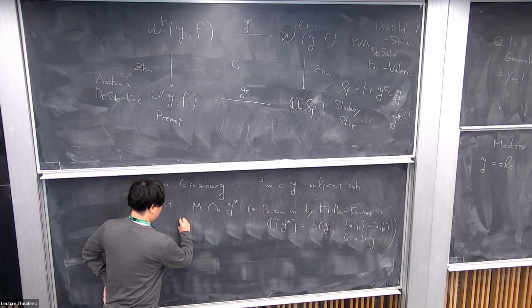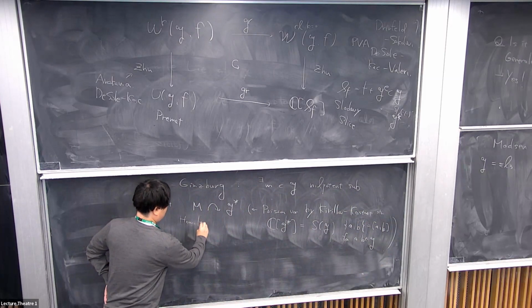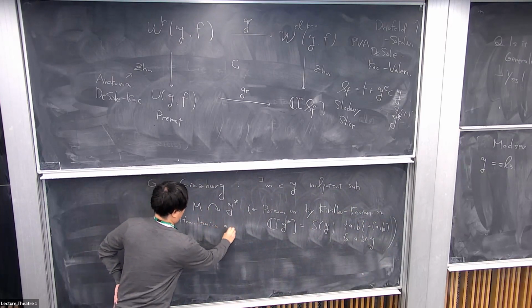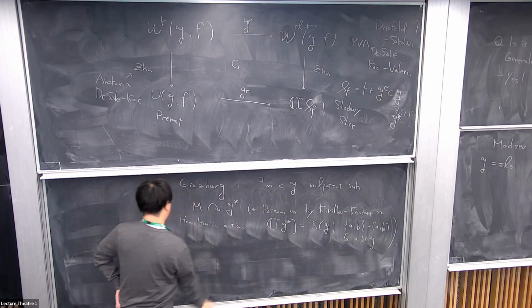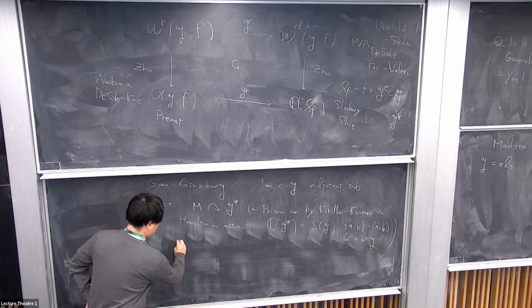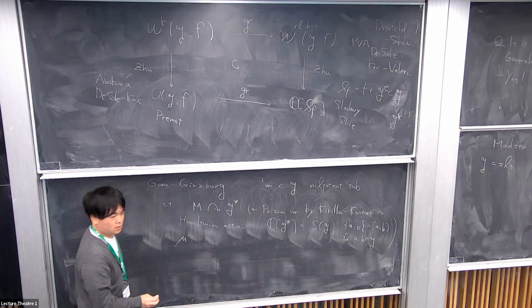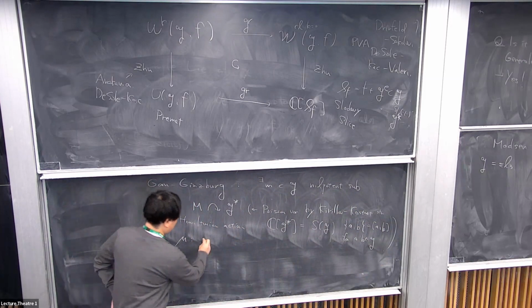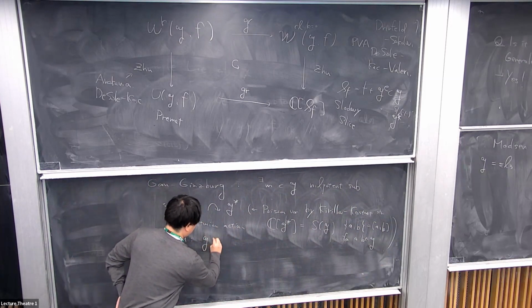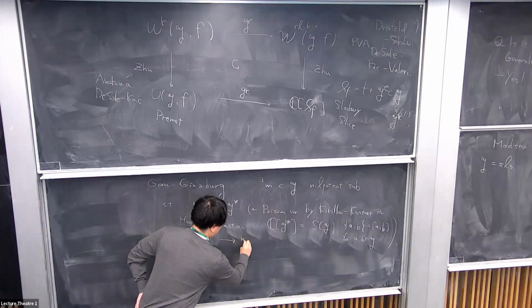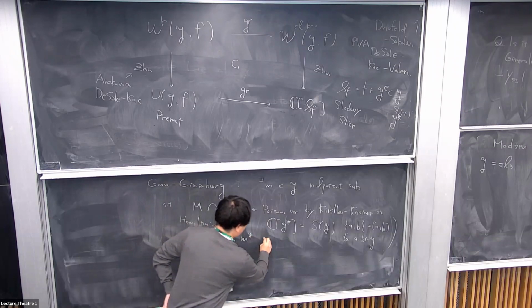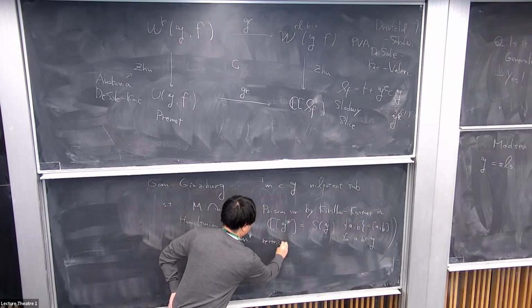And the Hamiltonian action means that this action is obtained from some moment map.